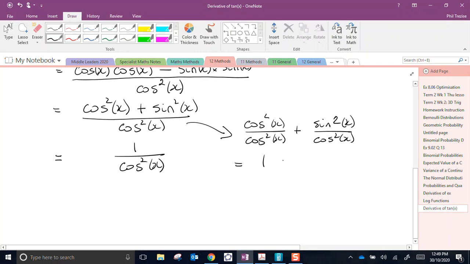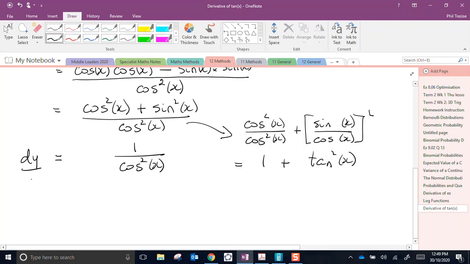Well, that's 1, and if I think of this not as a sine squared over a cos squared, but if I think of this as a sine divided by a cos and the whole thing is squared, then I hope we can see that that's equivalent to tan squared x. So there are two different answers for the derivative.